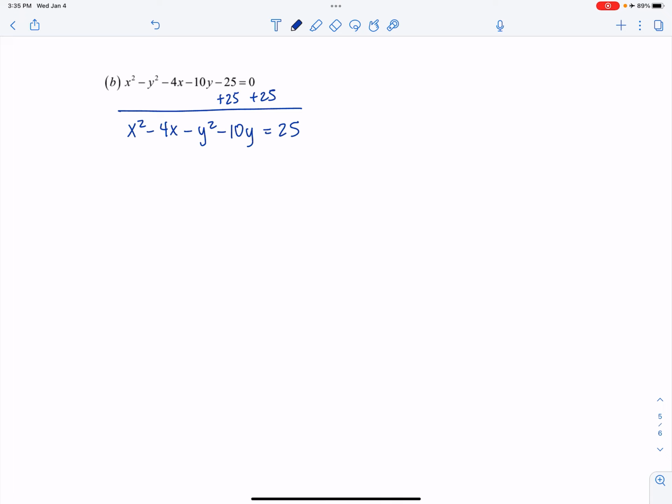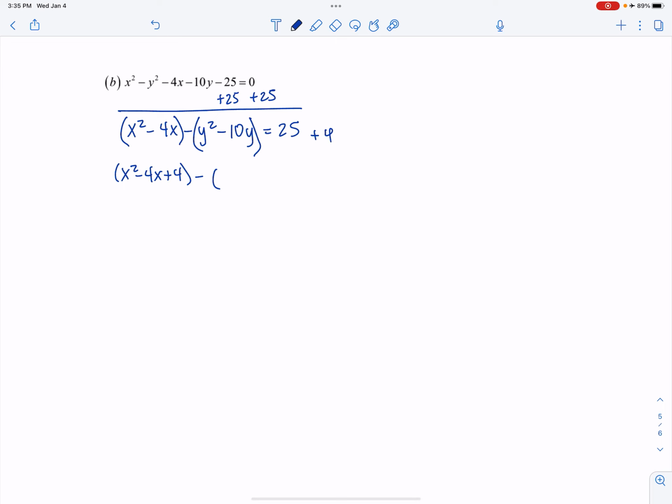And then I'm going to put them together in parentheses. That way I can complete the square for each of them.